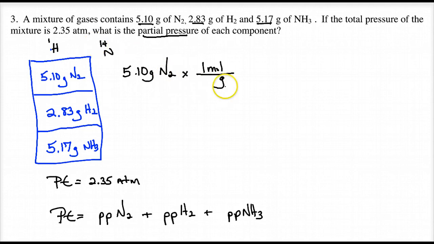So this has to be 2 times 14, which is 28. We call that a molecular mass. Okay, grams go bye-bye, and let's come up with a value for moles. 5.10 divided by 28, and I get 0.182.